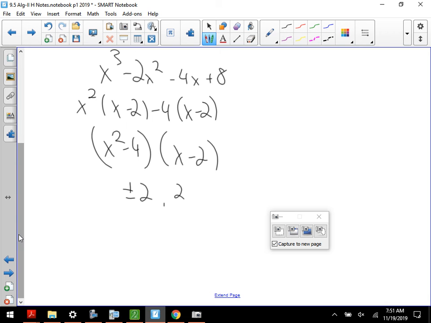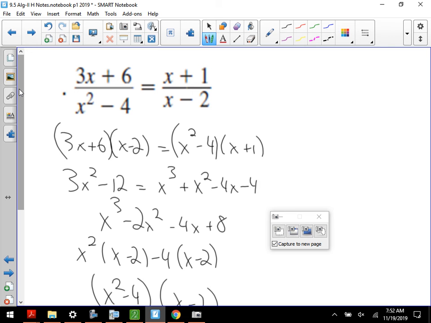Do they work? Neither of them work. So that's another no solution. Those 3 answers, they are answers, but they're all extraneous. Even though it's a repeated 0, it still doesn't work.